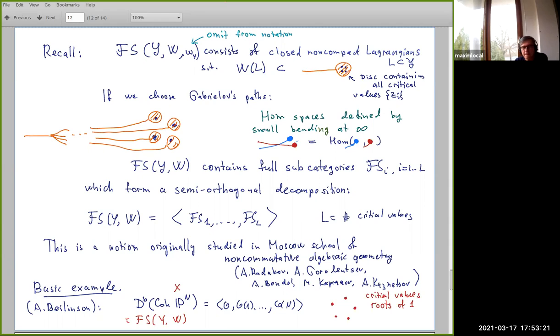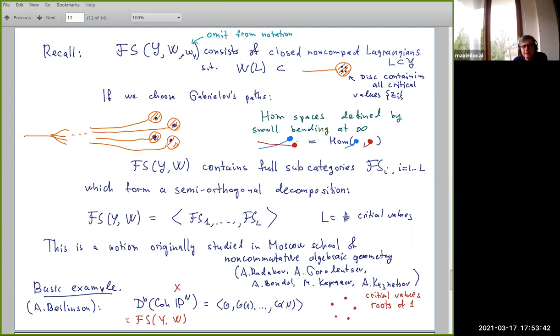Before going on, what are the Hom spaces in this Fukaya-Seidel category? It's something which was discovered a long time ago, in the stories around '93, '94.